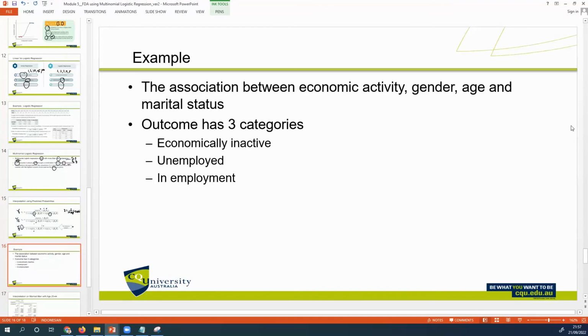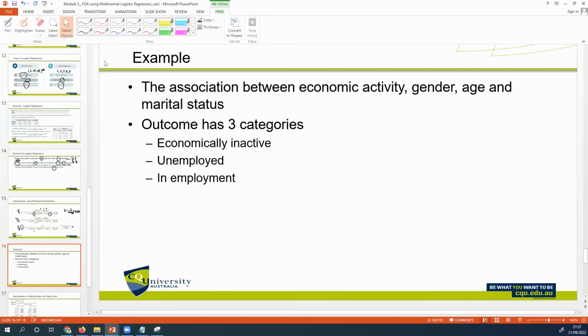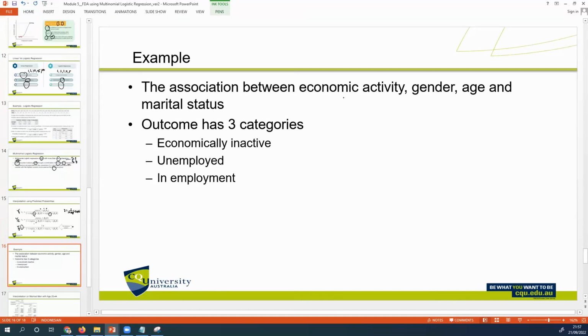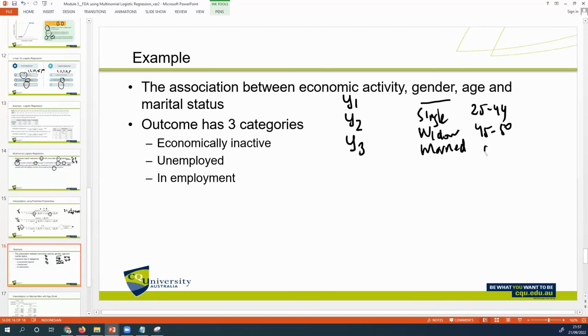So let's say we have an example where we have the data of economic activity as Y1, Y2, and Y3. And then we have marital status: single, widowed, married, and the age groups 25 to 44, 45 to 50, 50 to 65, 65 to 74, 75 and more.